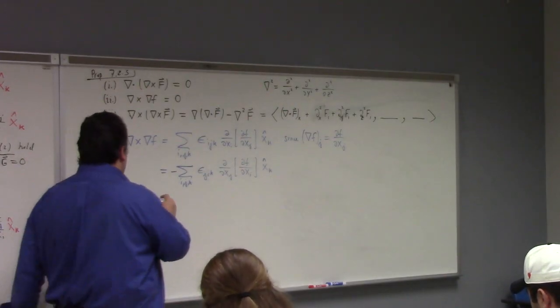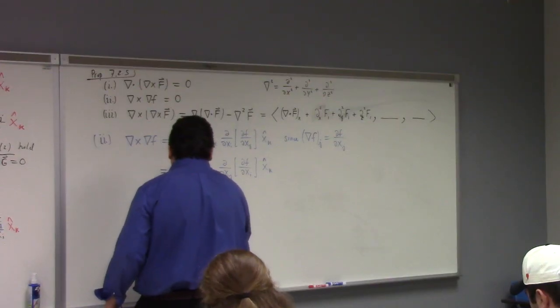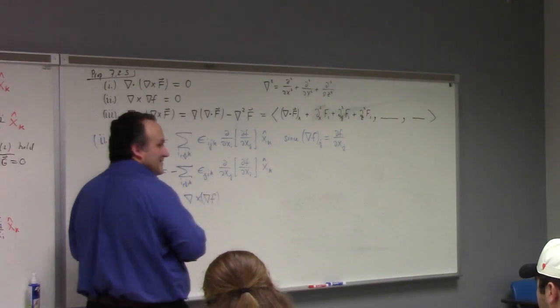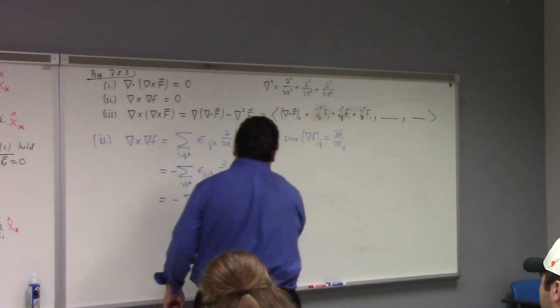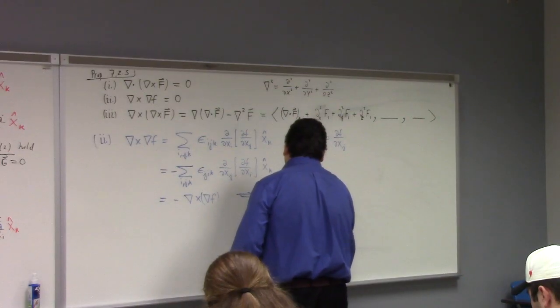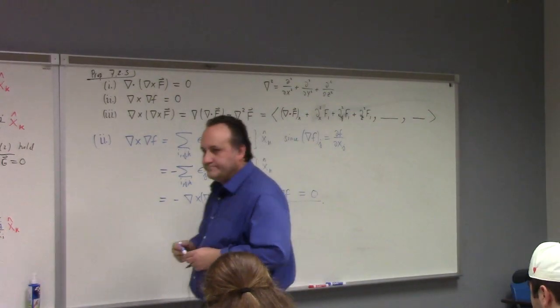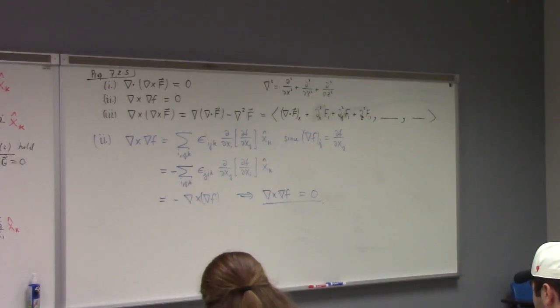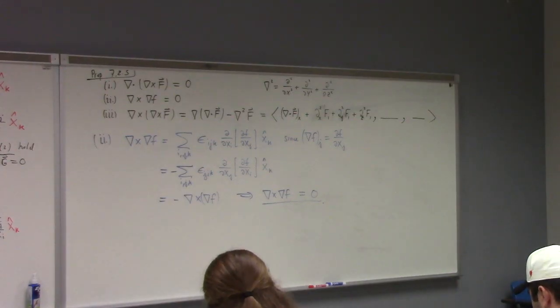So what you're looking at is minus nabla cross the gradient of f. Therefore, if something is minus itself, and we're not working under a weird number system, it's 0.